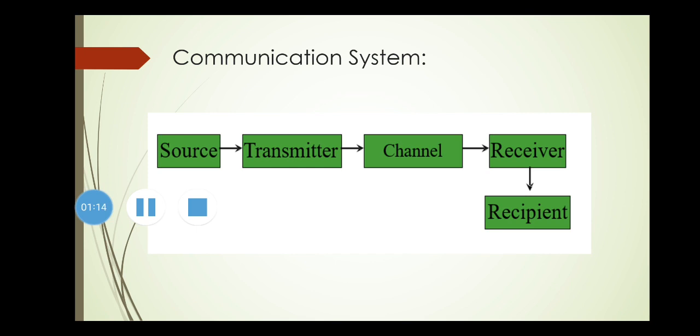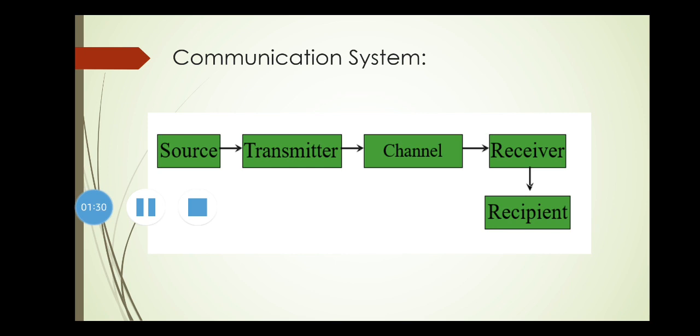If it is a wired channel, we know it is definitely going to be a cable, that is a copper cable or a twisted pair cable, or optical fiber cable. And if the channel is a wireless channel, then it is what we call free space.